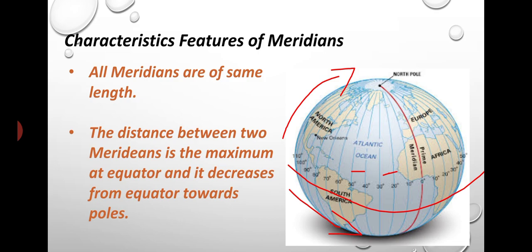The distance between two meridians at the equator is at the maximum, that is, much wider. But as they move towards the poles, their distance keeps on decreasing.